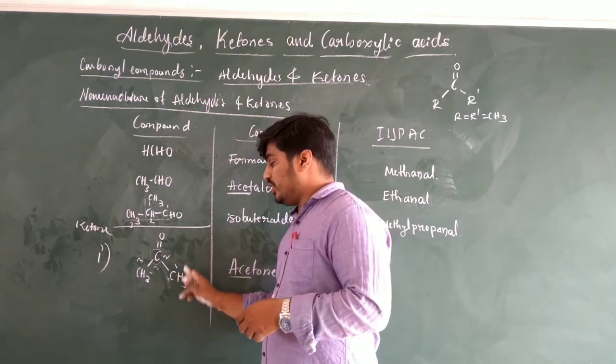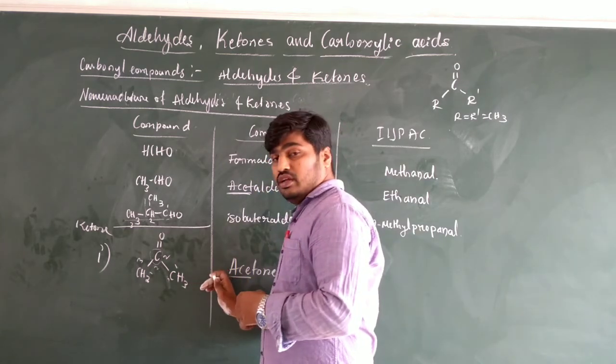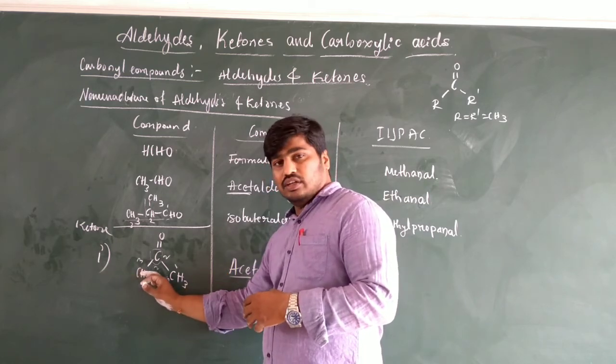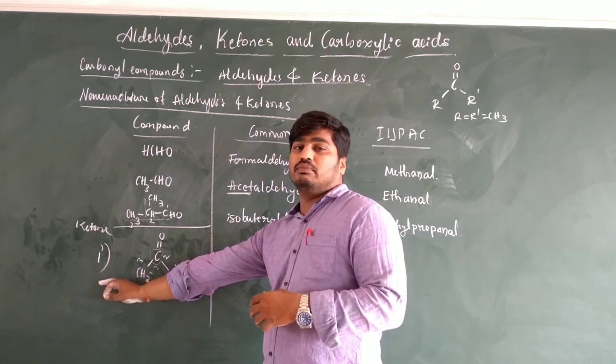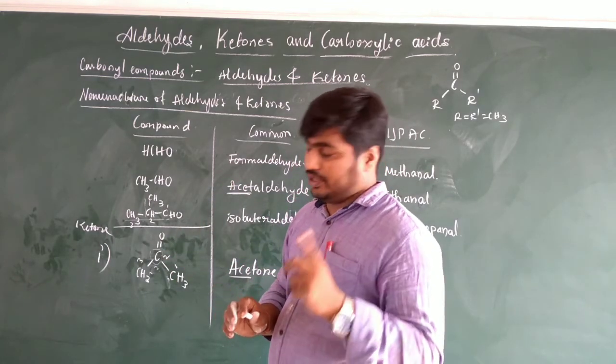If one side is a little bit smaller, then we should number the carbon from this side. This is a very important concept during the numbering.